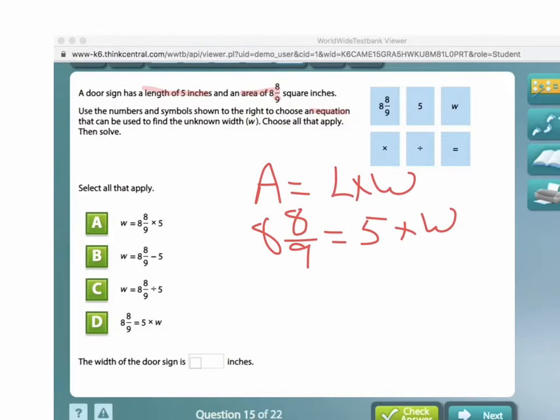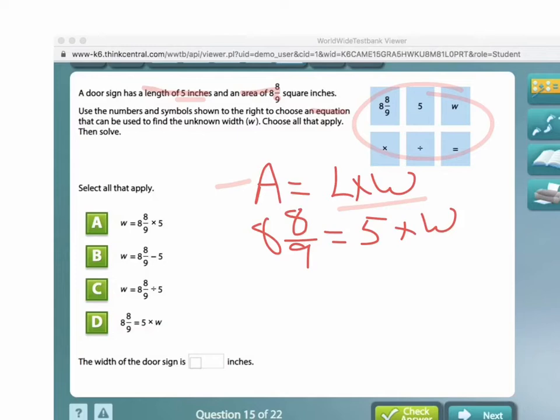A door sign has a length of 5 inches and an area of 8 8/9 square inches. Use these symbols over here to show an equation that will be used to find the unknown width. So we do know that area equals length times width.